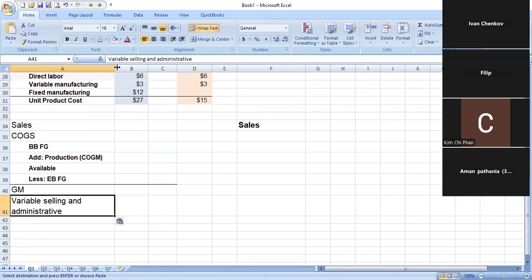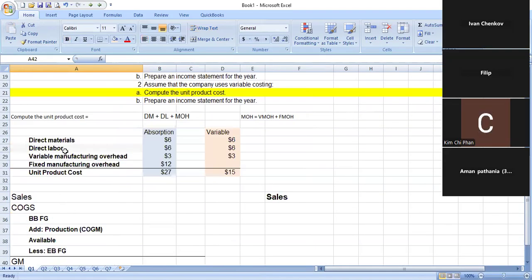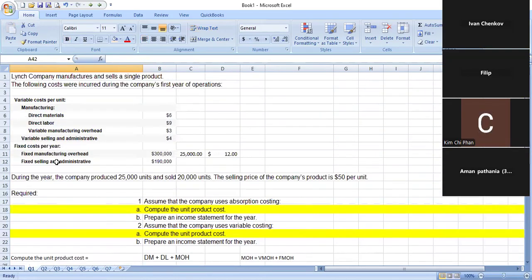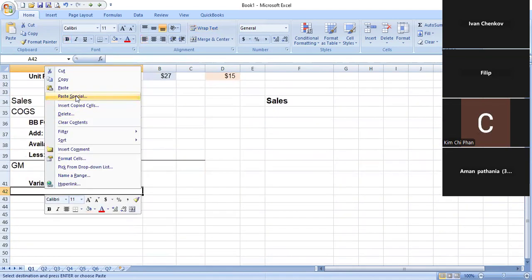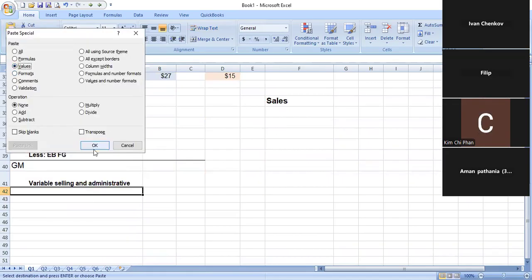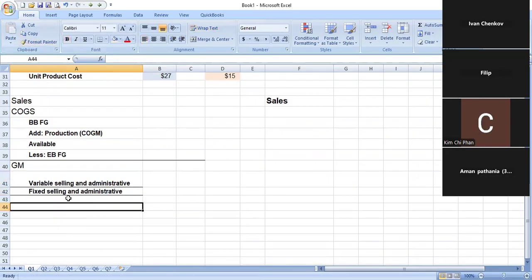So variable administrative expenses. And the next thing is the fixed selling and administrative expenses. And we are done with our traditional income statement.